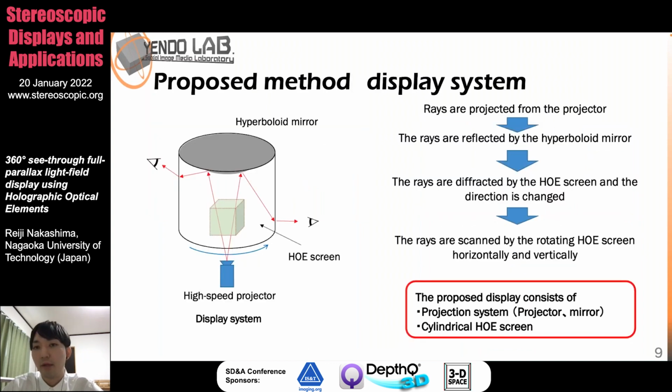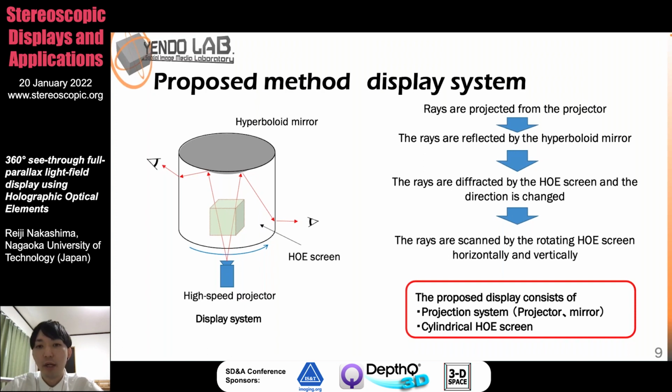Next, I will explain the whole display system. The proposed display consists of a high-speed projector, a hyperboloid mirror, and a rotating HOE screen. The rays from the projector are reflected by the hyperboloid mirror, and the rays are incident on the rotating HOE screen. And then the rays are diffracted by the HOE screen, and the direction of the rays is changed.